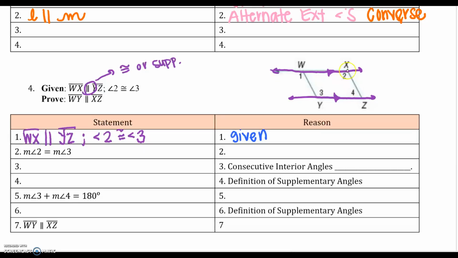I also know that angle 2 is congruent to angle 3. All right, so I have that information. I am trying to get to YW is parallel to XZ. So that's what I'm trying to get to. All right, so I know that since they're congruent, they are also equal. So I'm going to say definition of congruent angles.